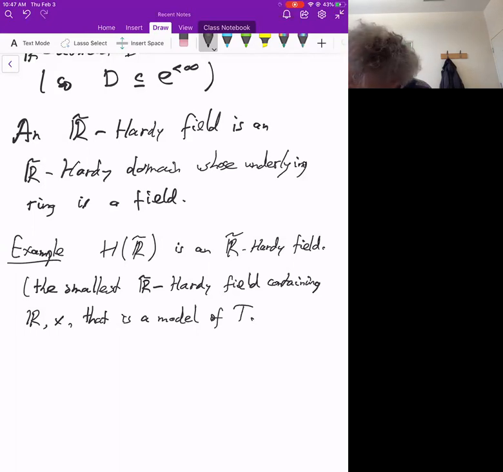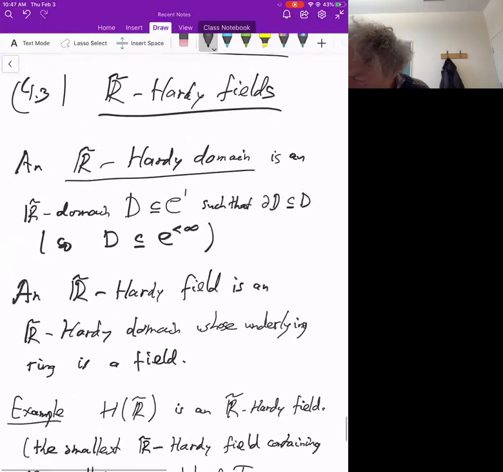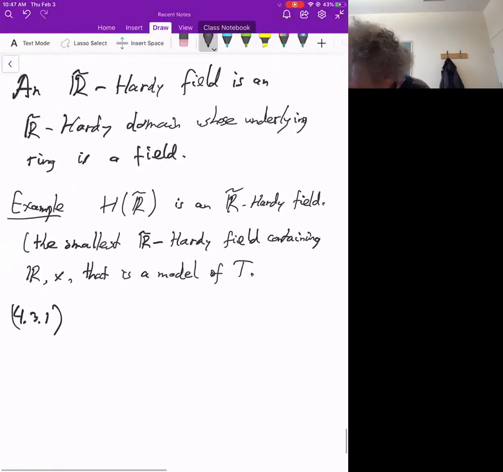So here is the proof, or rather, 4.3.1 Lemma. I think that should take not more than 10 minutes, so I can stop at 5.